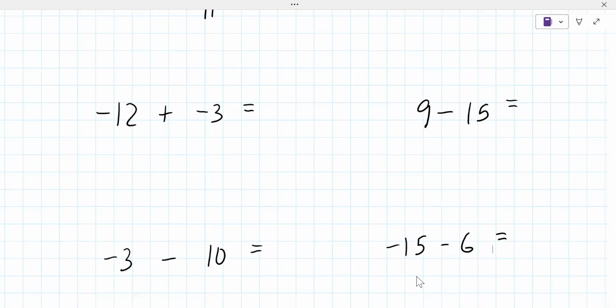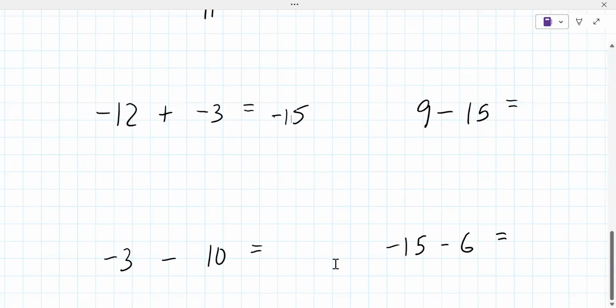All right, the first one would be negative 15. The bottom right would be, let's see, I get confused when it comes to the negative.